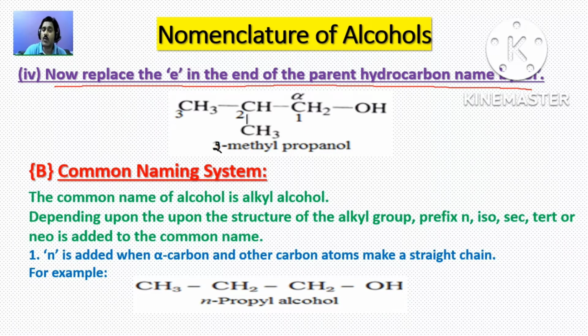In all these names, they end with E. If we want to convert them to alcohols, then we have to remove the E from the end and add ol at the end. Okay, ol will be added as a suffix. For example, if one carbon atom is there and OH is attached to it, then what will be the name? One carbon atom is methane.